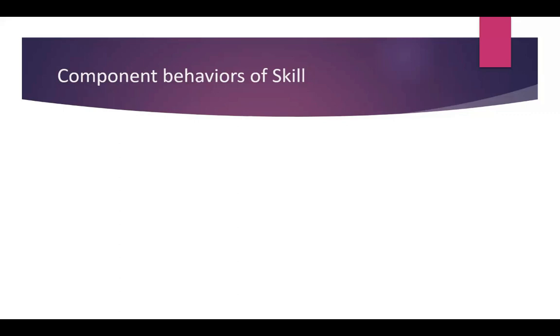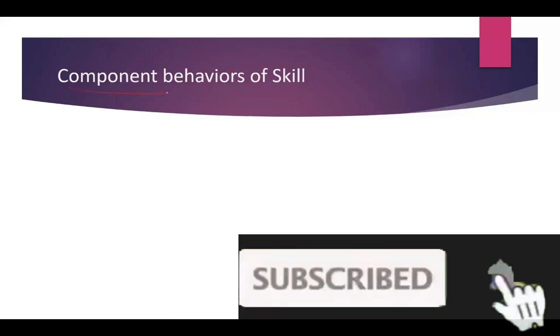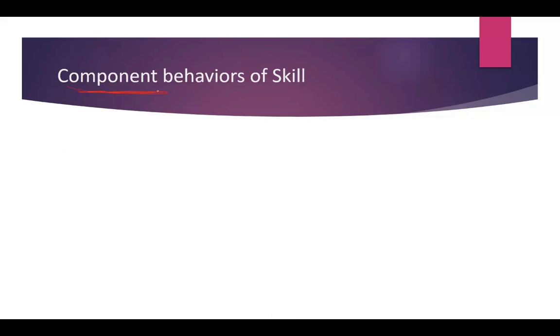In this skill we have some components, or behaviors, that the student teacher has to show while demonstrating it. The very first component is the beginning statement: how appropriately you use the opening statement of the explanation.